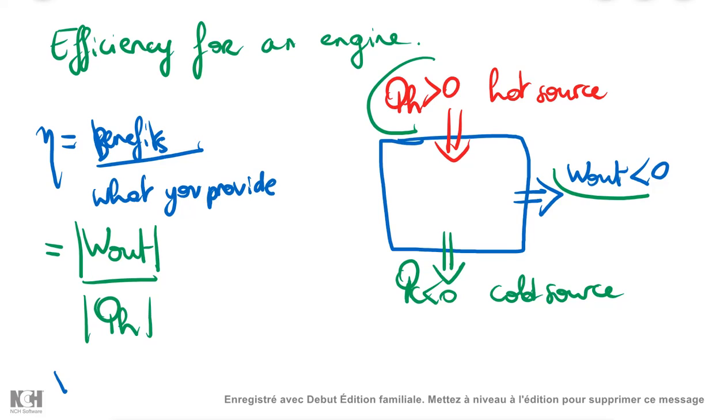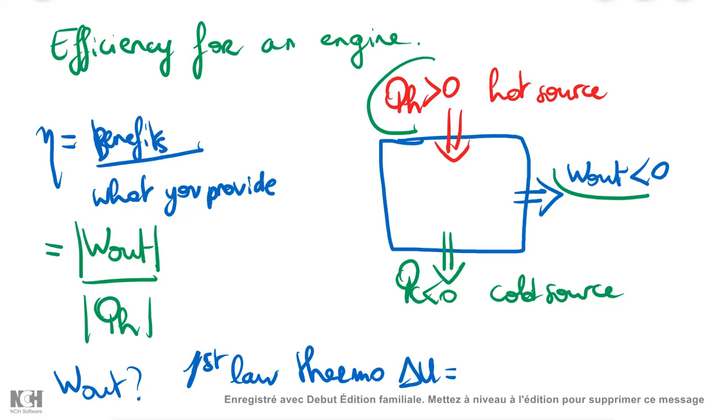Now the question is, what is the work? We are going to use the first law of thermodynamics. The first law of thermodynamics says that the delta U, the internal energy variation of the cycle, is equal to the work plus the heat of the cycle.